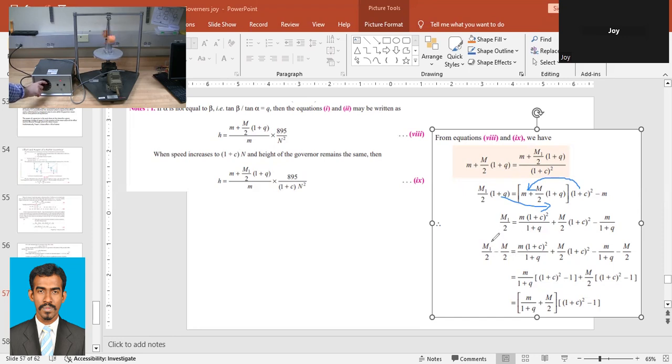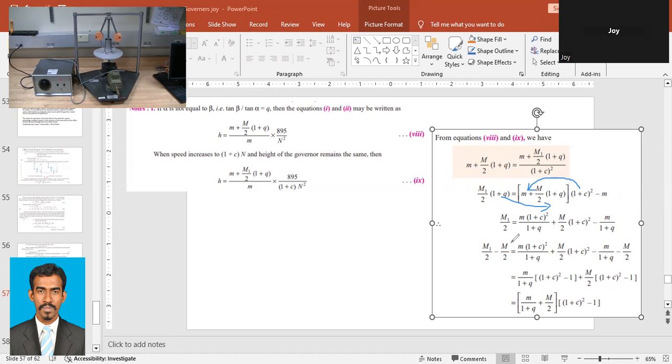So here m1 by 2 minus m by 2, and this side from the entire term minus m by 2. This term is the same, m into 1 plus c whole squared upon 1 plus q plus m by 2 into 1 plus c whole squared minus m upon 1 plus q minus m by 2. So this is minus m by 2, this is minus m by 2. I'm subtracting an m by 2 from both the sides, so I can further solve it.